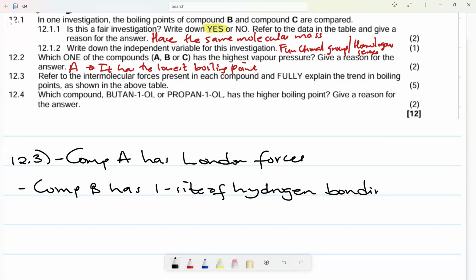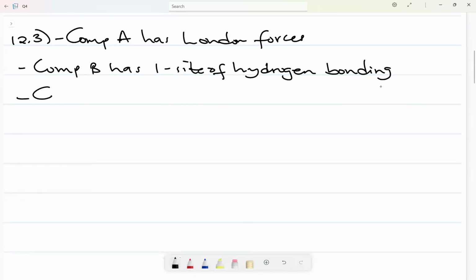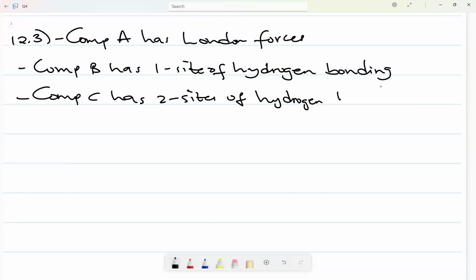One side of hydrogen bonding. What is B? B is propan-1-ol, okay? Then compound C has two sides of hydrogen bonding. How interesting is that?